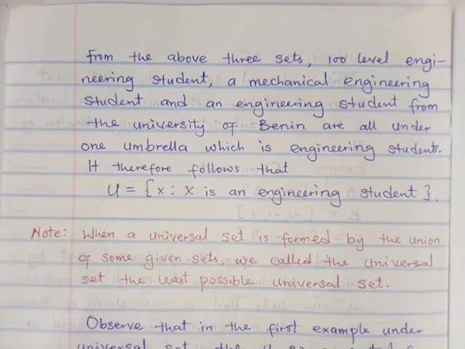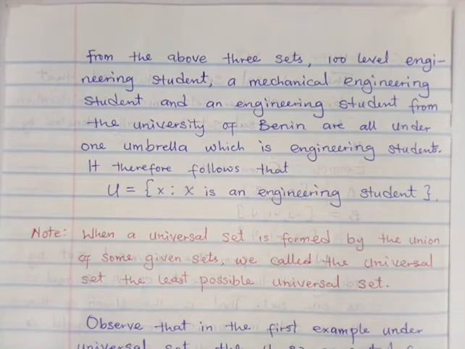From the above three sets, a 100 level engineering student, a mechanical engineering student, and an engineering student from the University of Benin are all under one umbrella, which is engineering student. It therefore follows that our universal set will be {X: X is an engineering student}.